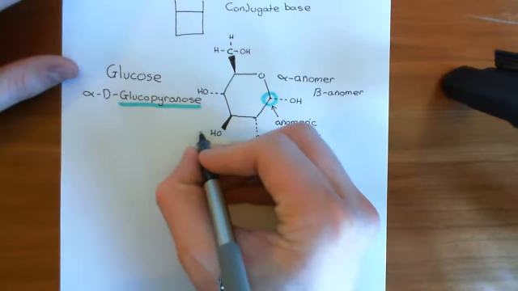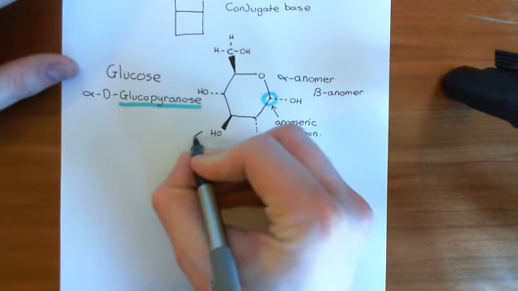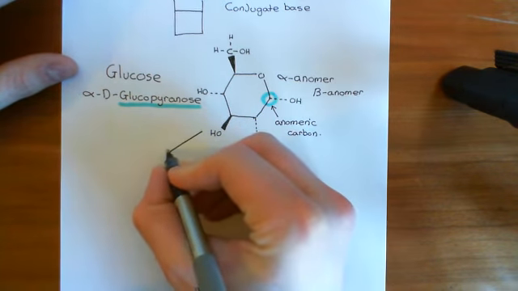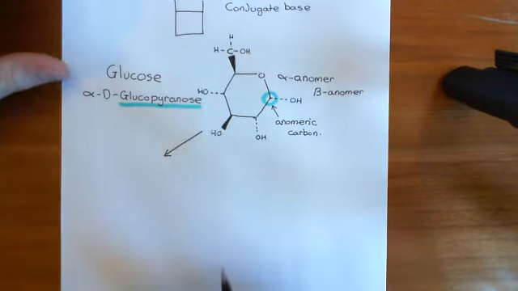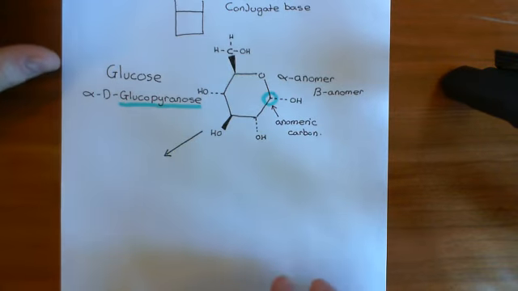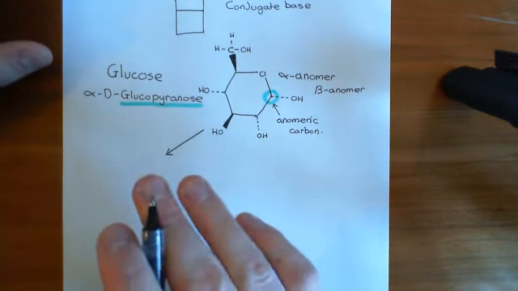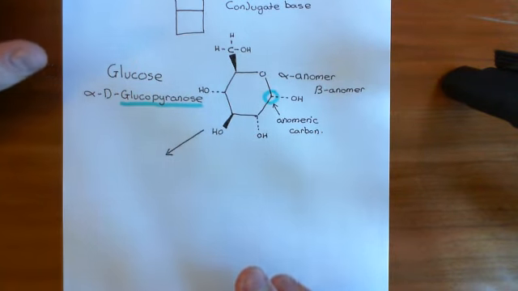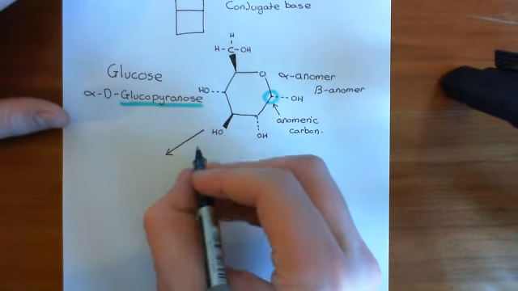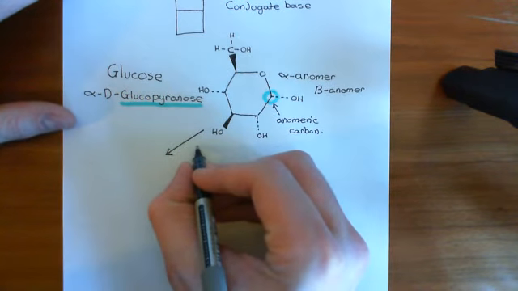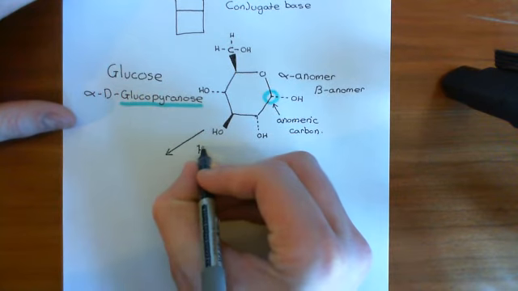The first reaction is a non-reversible reaction. So this is a one-directional reaction, and this is going to be important when we come on to discuss gluconeogenesis, because this means that we're going to have some way of circumventing this irreversible reaction. This reaction can be catalyzed by one of 2 enzymes.